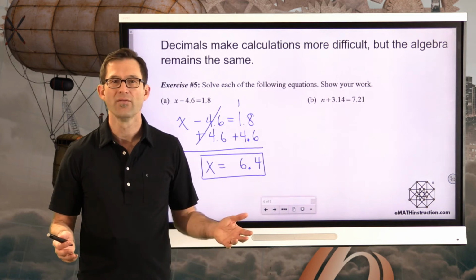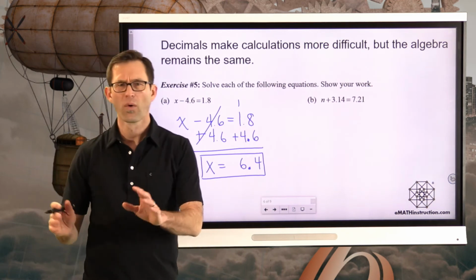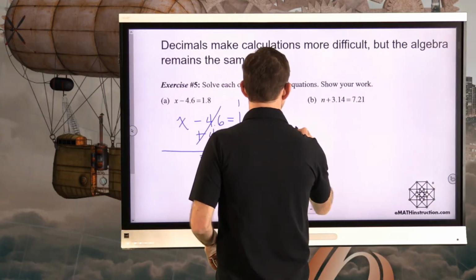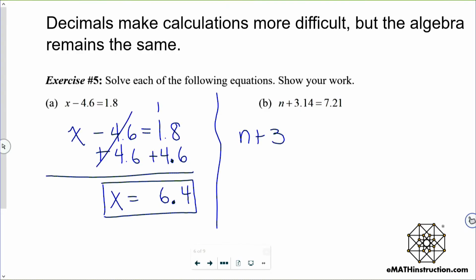This is where you gotta love scrap paper, right? Or at least enough room to show your work. Because again, here we have n, we've added 3.14, nice number, I like 3.14. And we're just gonna subtract it. We're gonna subtract 3.14 from both sides.